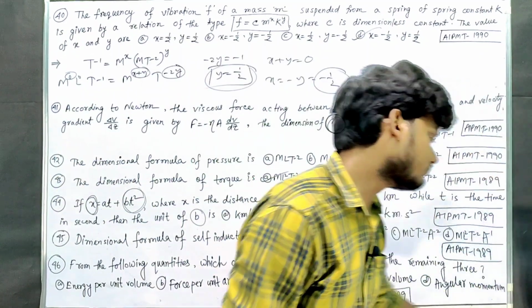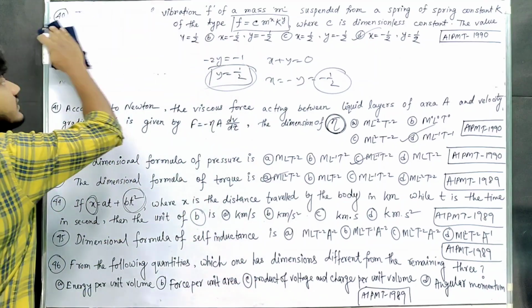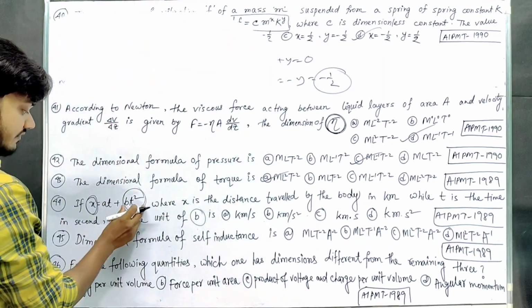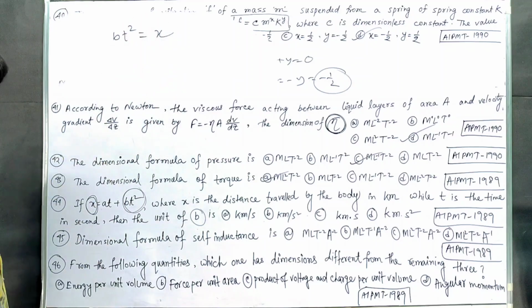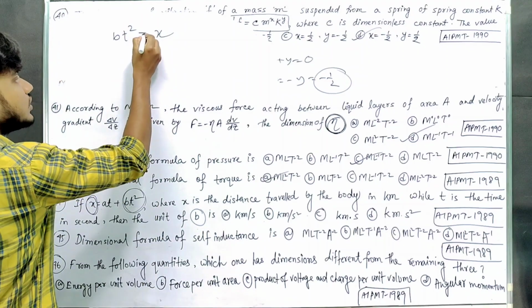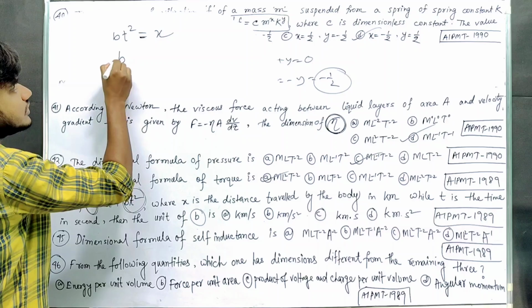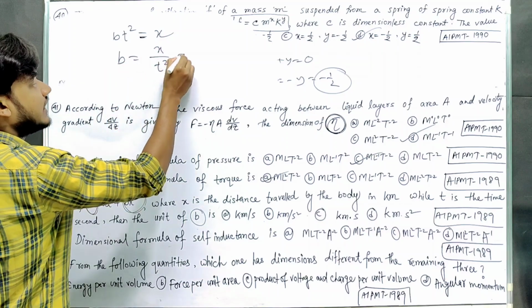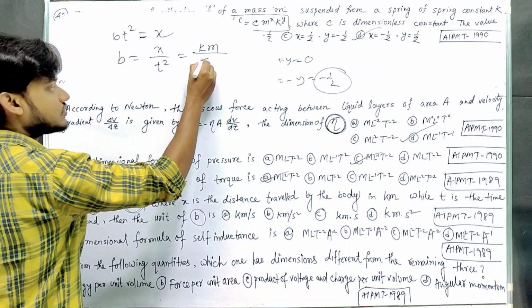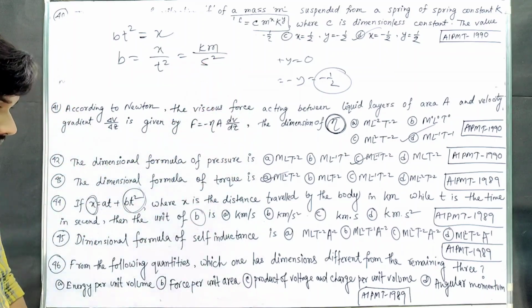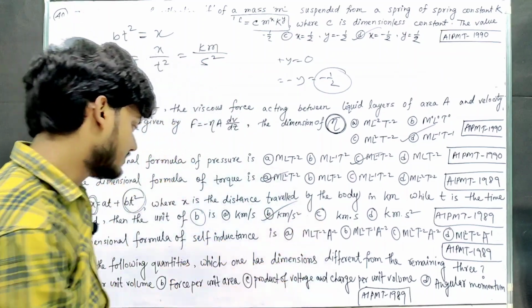Yes or no? The unit of b t square and the unit of x will be the same. So the unit of b will be x by t square, which is km per second square, option B.